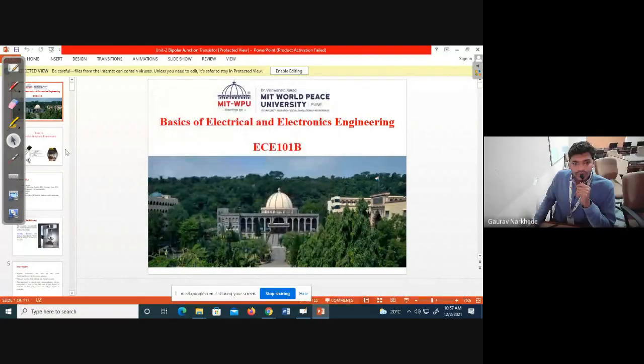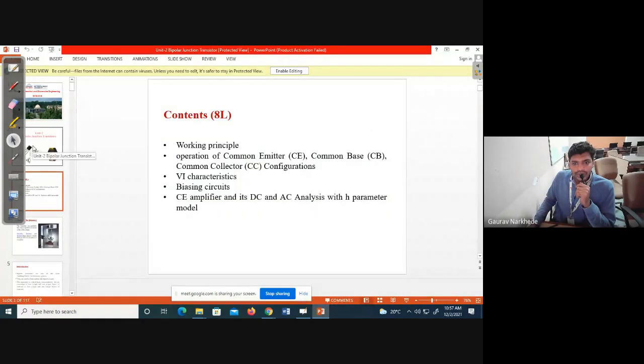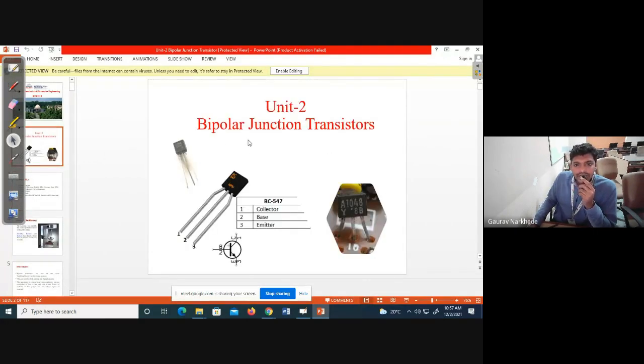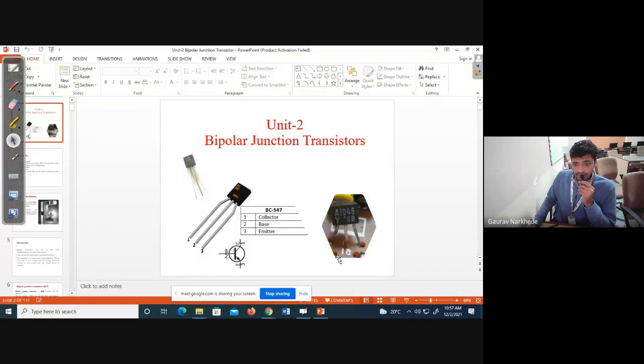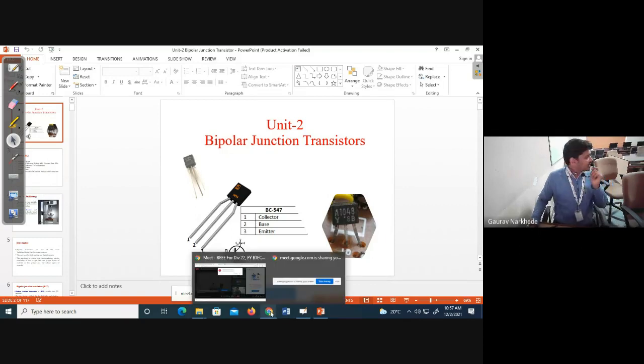No, sir. So let me tell you, this is the BJT that is called as bipolar junction transistor. This is how it looks, right? It is a three-terminal device called as base, emitter, collector. So in detail, I will be sharing with you how the construction is there and how we can form it.